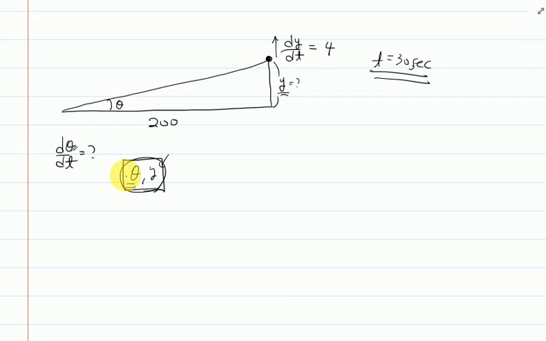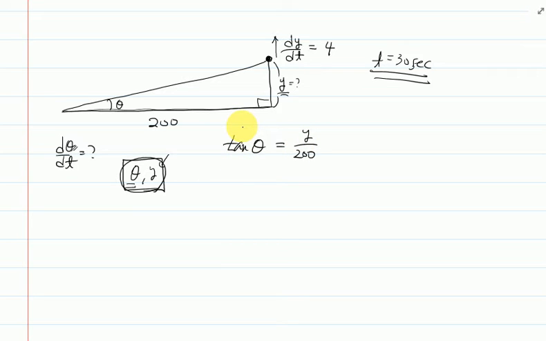So then what is the relation between these two? This is a right triangle, therefore tangent theta equals y over 200. And because we are looking for d theta dt, let's just take the derivatives.